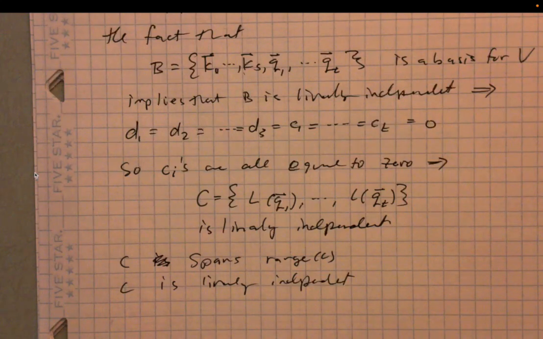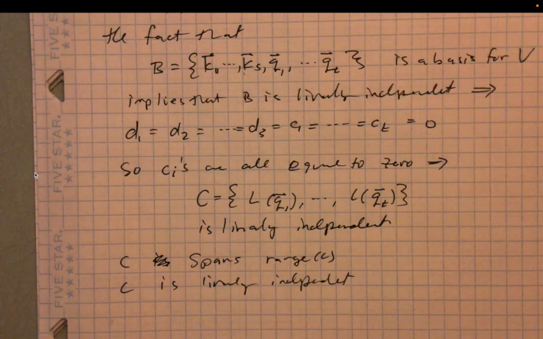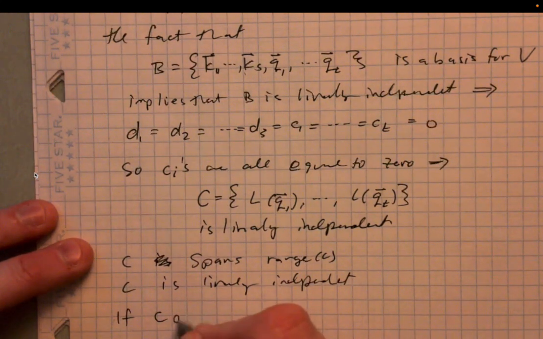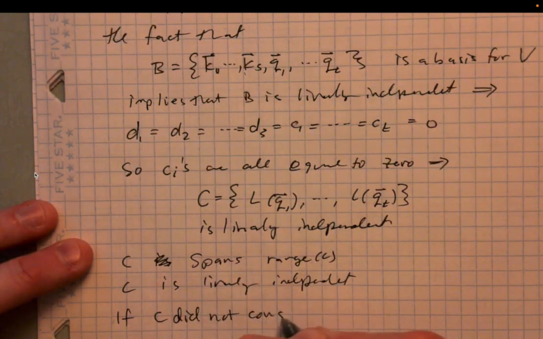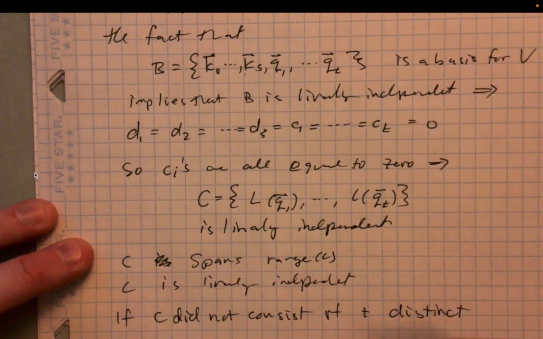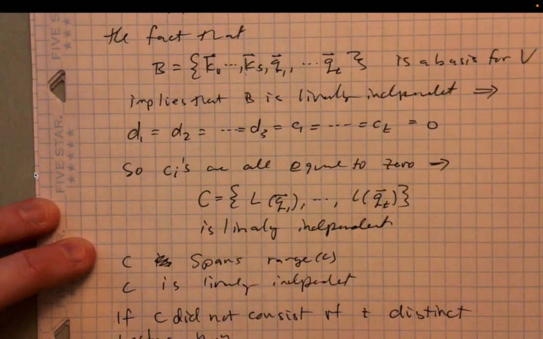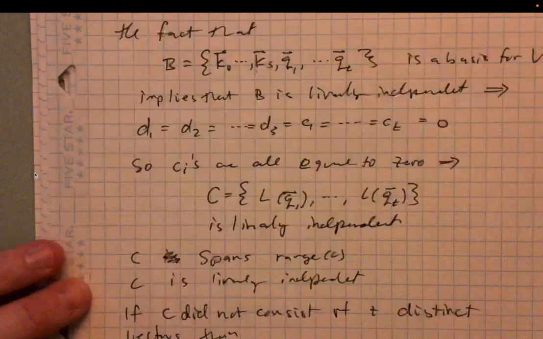Well, it comes along with the fact that it's linearly independent. If C did not consist of t distinct vectors, then this couldn't have been true: C1 L Q1 plus dot dot dot plus CT L QT equals 0.